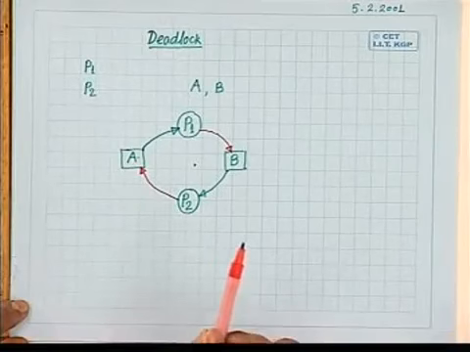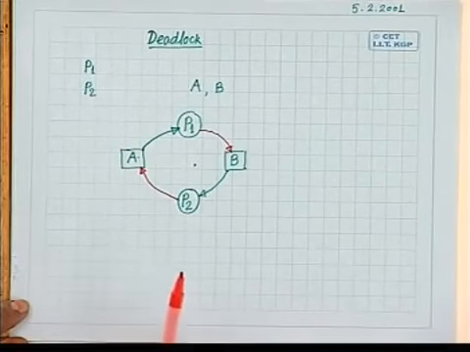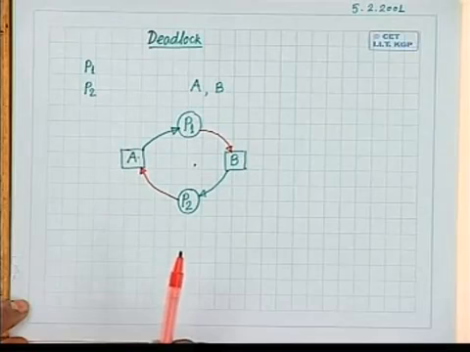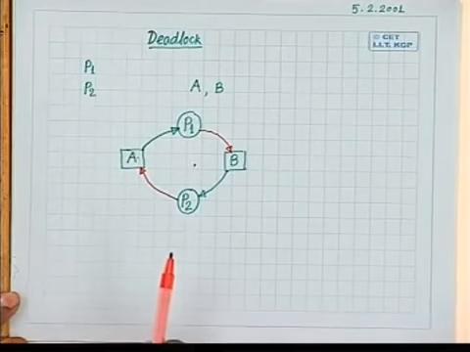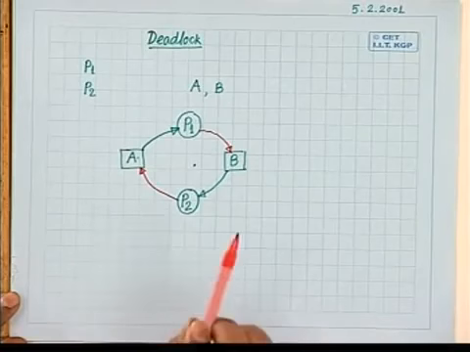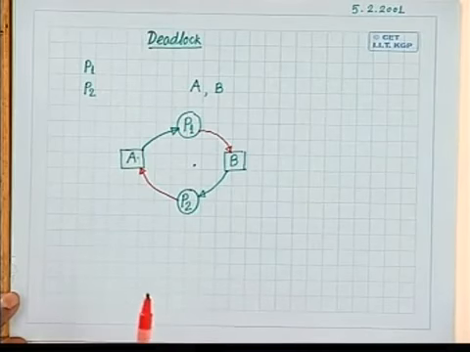The rule is, whenever a process wants to use a resource, firstly the process has to put a request for that resource. Now if that resource is free, then only the operating system will allocate the resource to the requesting process. And once the use of the resource is complete, then the resource has to be made free by the process who has requested for it.